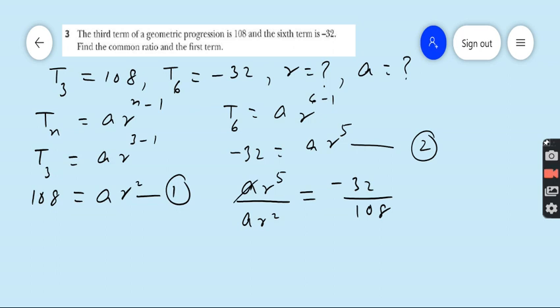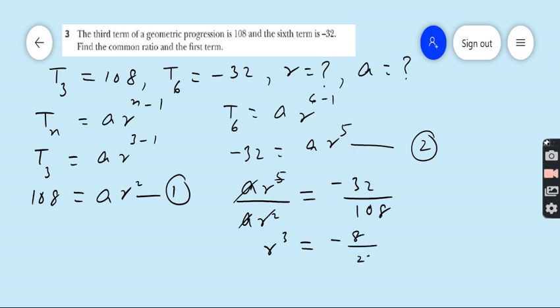A cancels by A, so this is R cube, is equal to minus 32 upon 108, which is minus 8 upon 27.